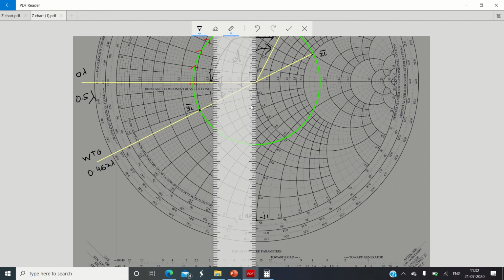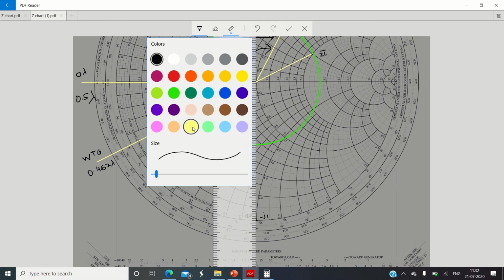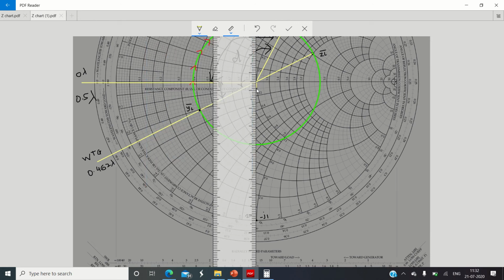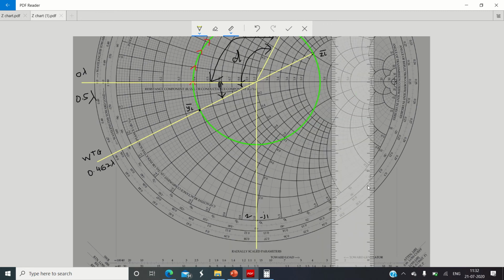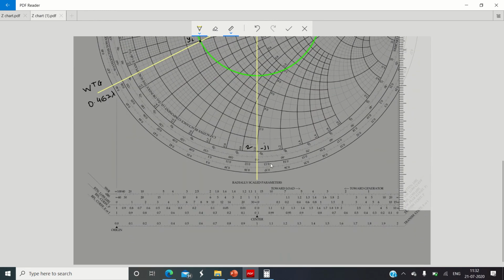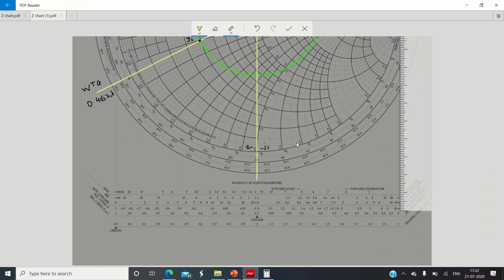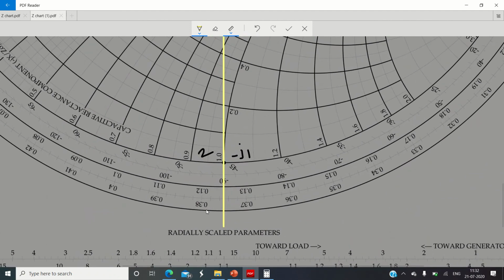In this way, right? So what you do is you connect the center of Smith chart with this negative susceptance value and extend the line on the outer periphery of the Smith chart. So I will again choose this yellow color line, the same sign convention, and draw a straight line from the center of Smith chart to that negative susceptance point and extend the straight line. Remove the scale. Okay. Now here what you do is you read the WTG value wherever it intersects on the outer periphery. So here it is in between 0.37 to 0.38. Okay.